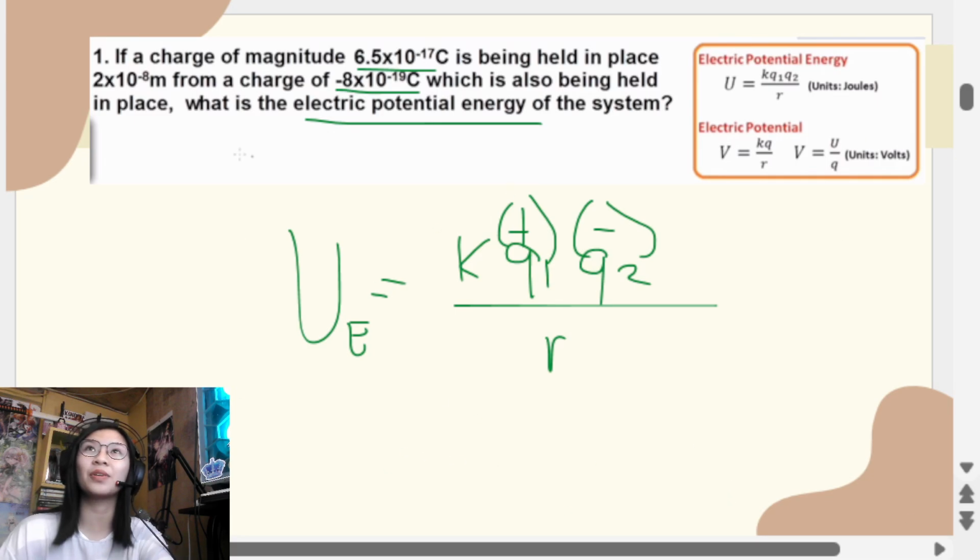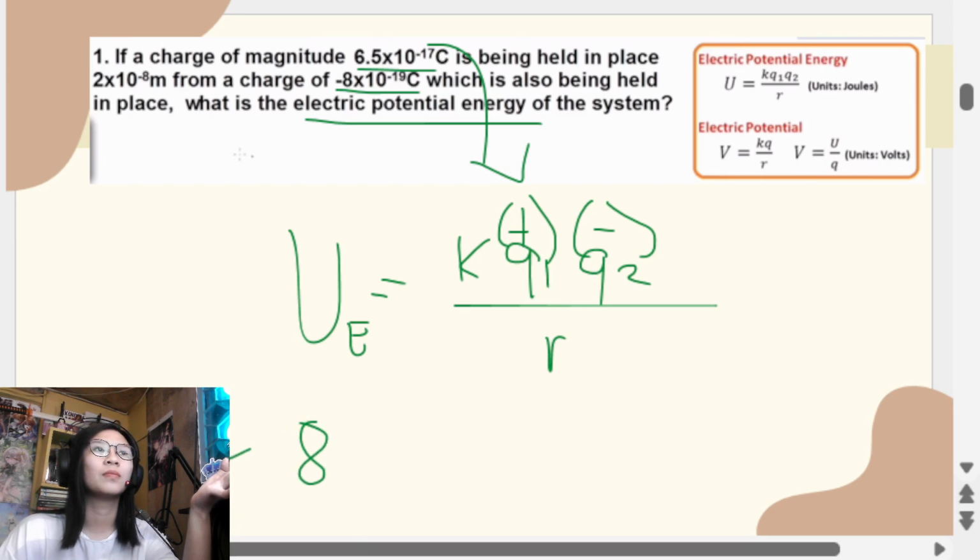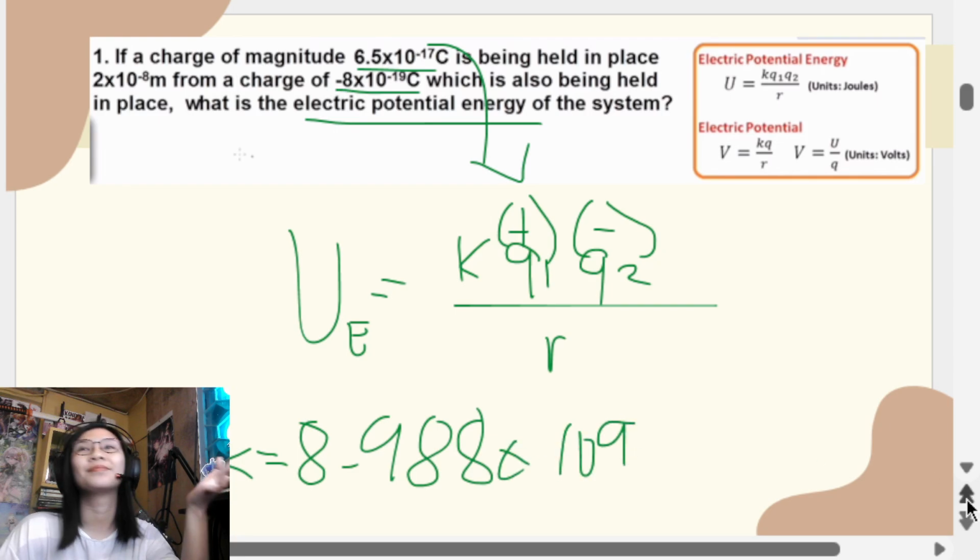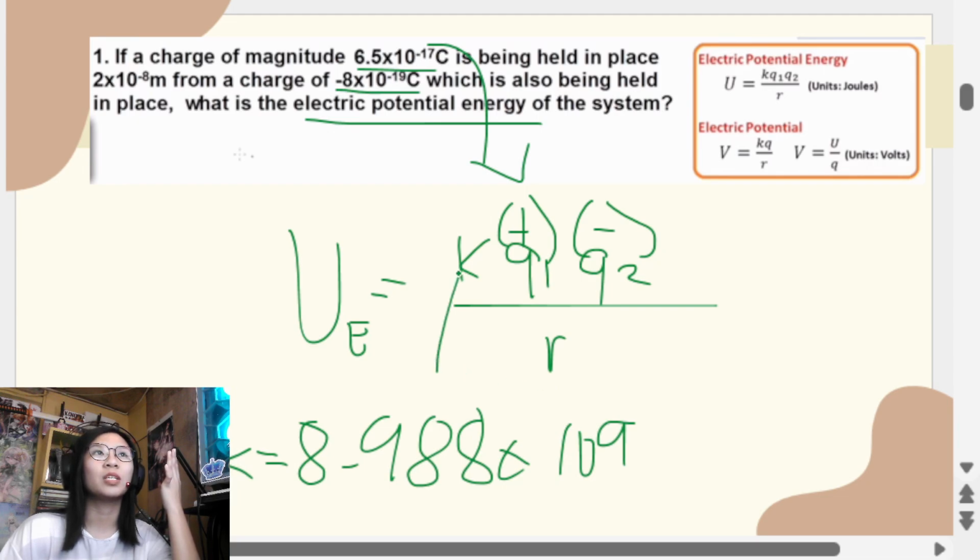That is our formula because we need the electric potential energy. So you just have to put it there. Our K is 8.988 times 10 raised to positive 9. Okay? You put it there for K.